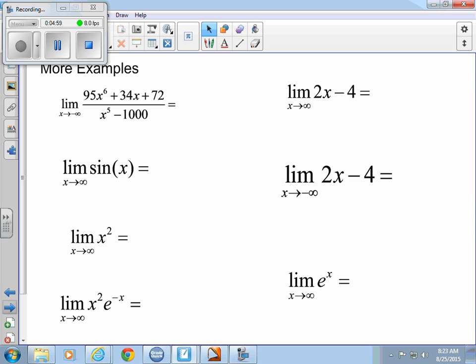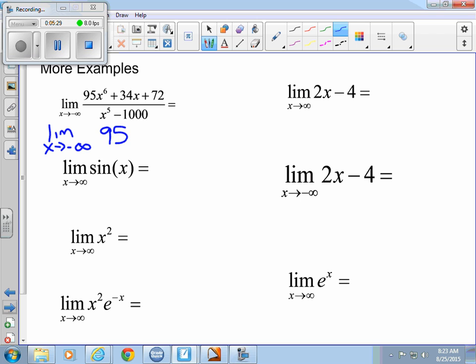The limit as x approaches negative infinity of 95x to the 6th over x to the 5th. You notice I didn't read the rest of that. Why would I not read the rest of that? Just out of curiosity, what does 95x to the 6th divided by x to the 5th reduce to? 95x. Does everyone agree if I take this and cancel some x's, I would get 95x?